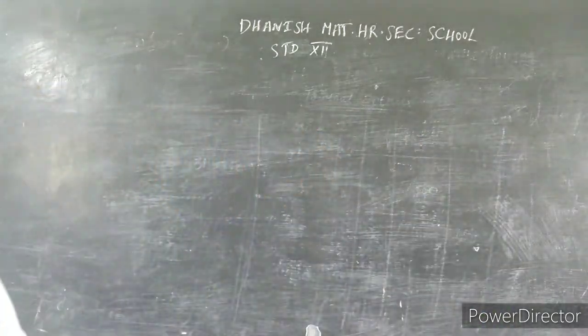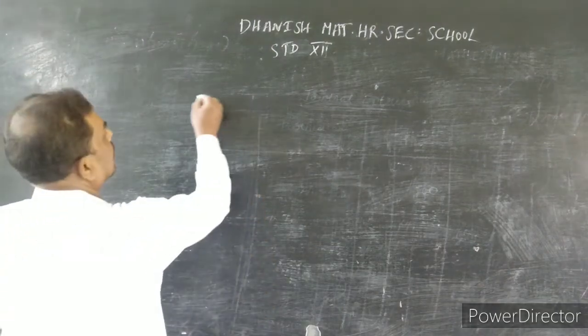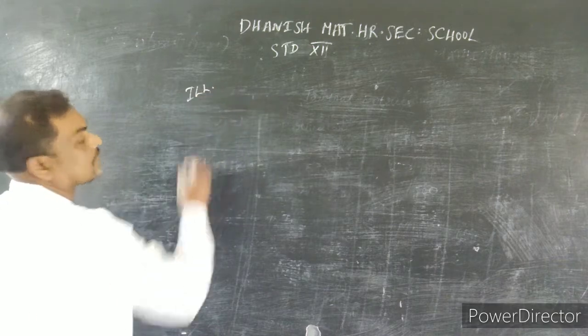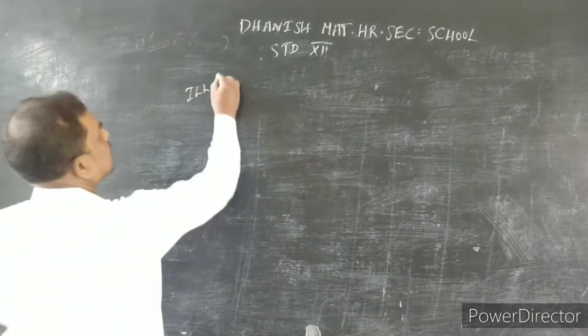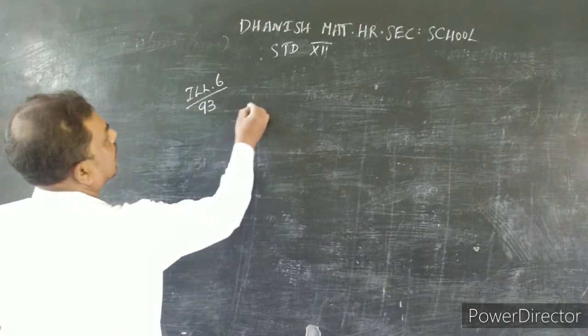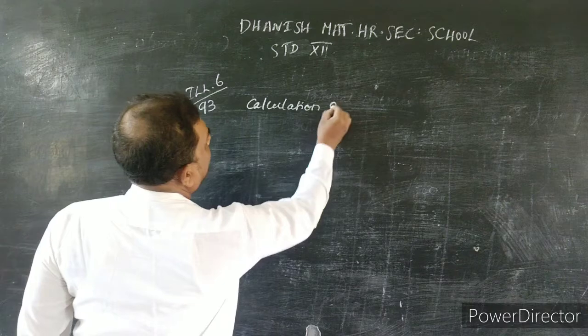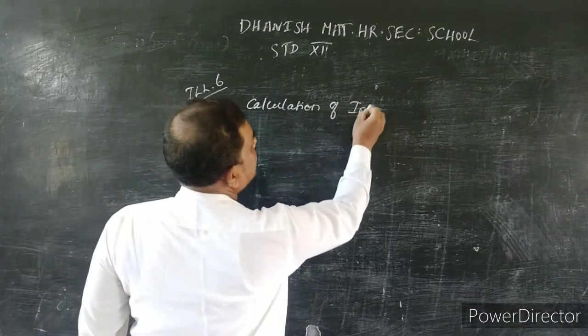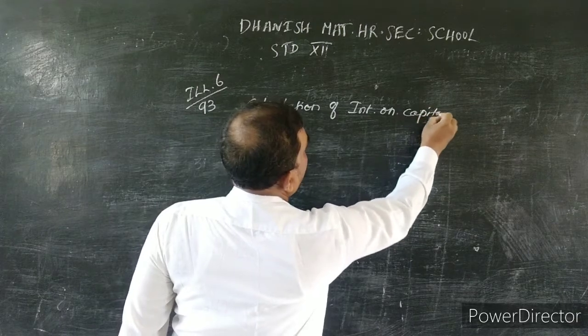Listen students. Now first, illustration 6, page number 93. Calculation of interest on capital.